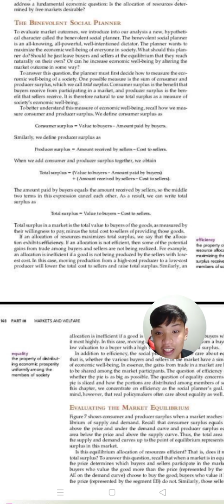Lowest cost. In this case, moving production from the high-cost producer to the low-cost producer will lower the total cost to the sellers and raise the total surplus.